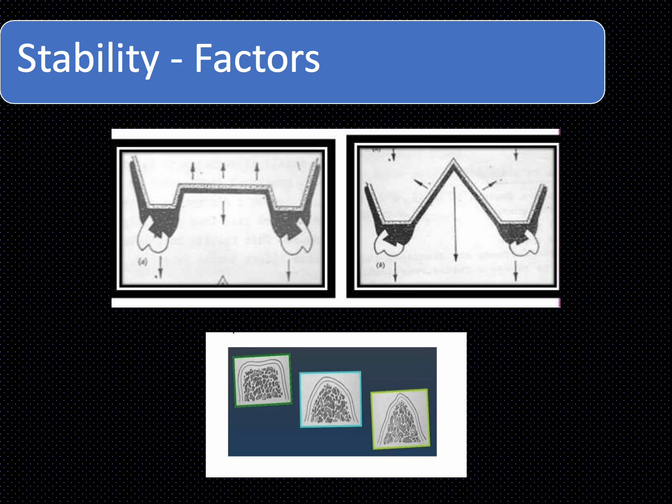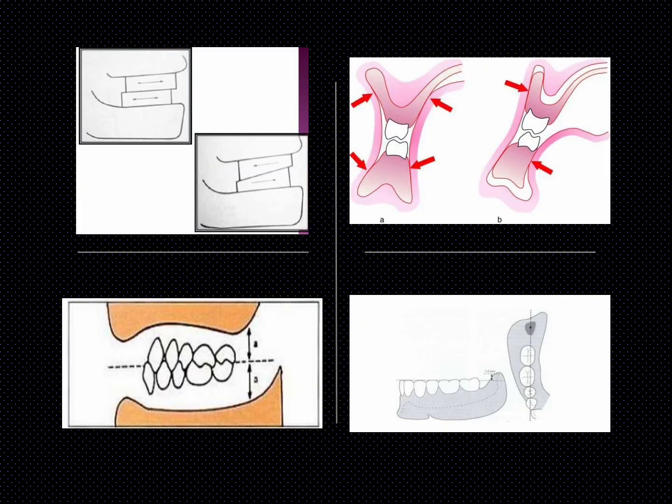Whenever there is a large denture bearing area in the form of a U shaped or square shaped arch form or ridge form, the amount of stability rendered to the denture is more. On the other hand, in this illustration the ridge is V shaped and there is less stability of the prosthesis.